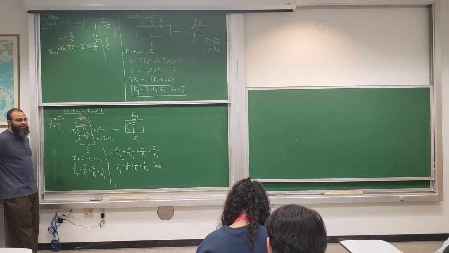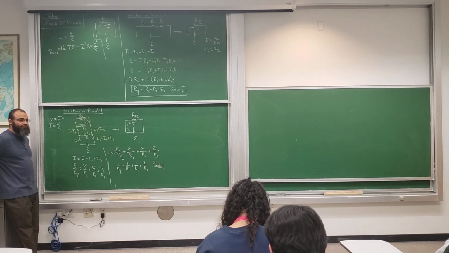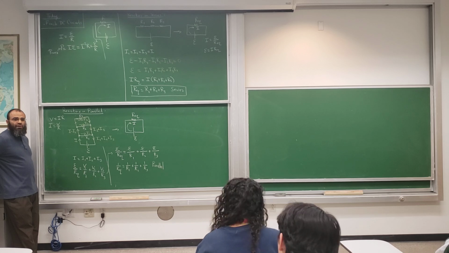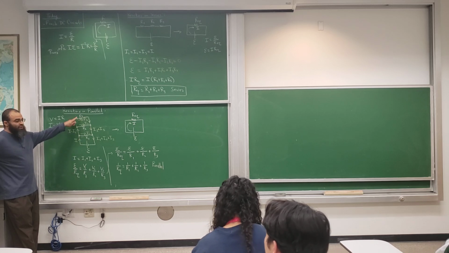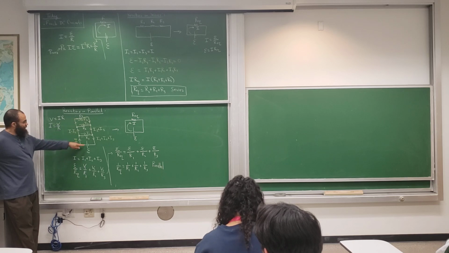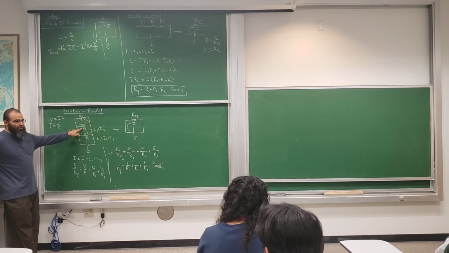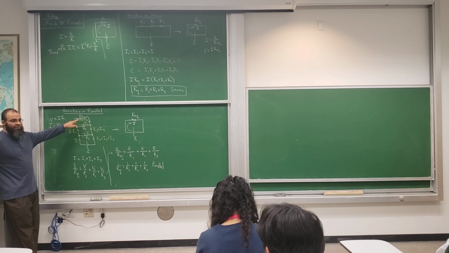So when it's resistors in series, the current is the same through all the resistors. When it's resistors in parallel, there are some areas where the current is less than the original. If all these resistors were the same, if all of them are just R, and the current is I, a third of it will go through resistor 1, a third will go through resistor 2, and a third will go through resistor 3.